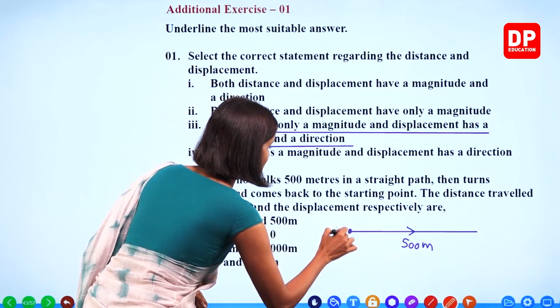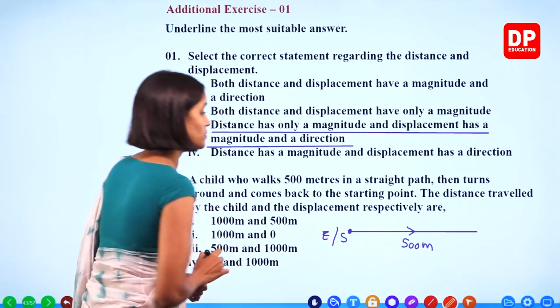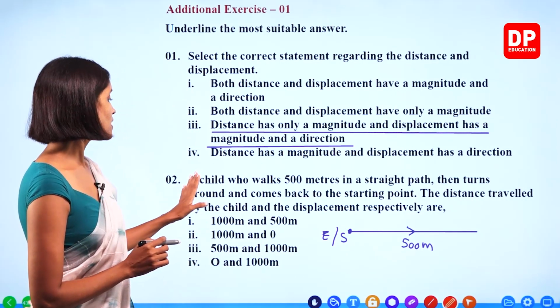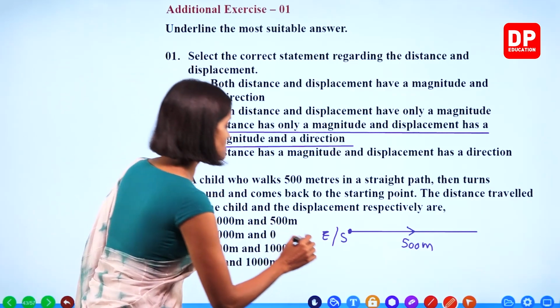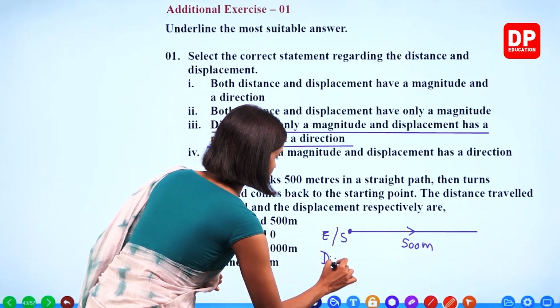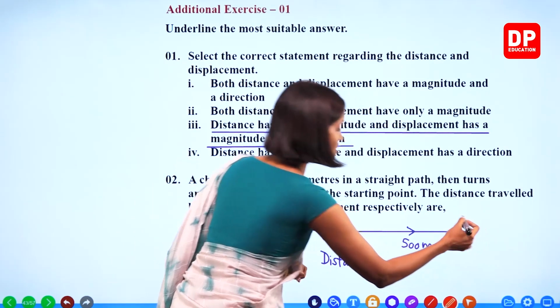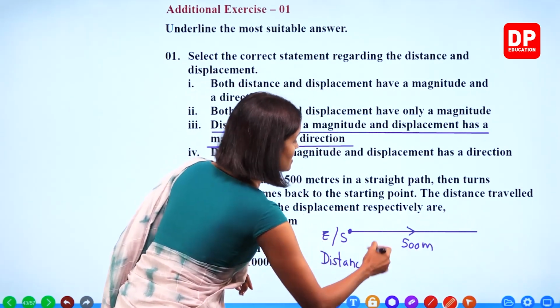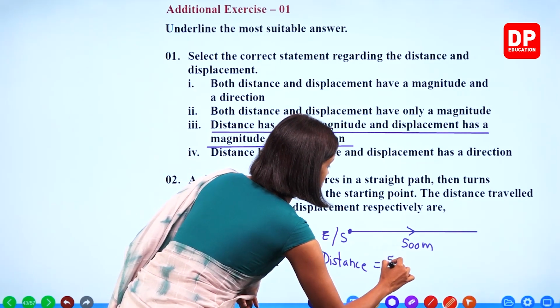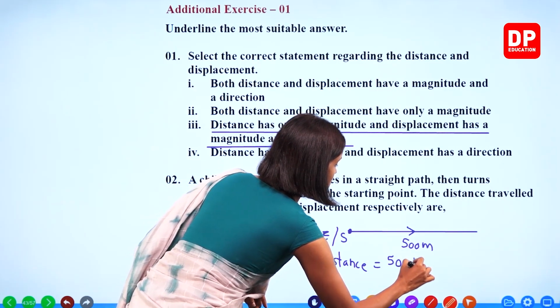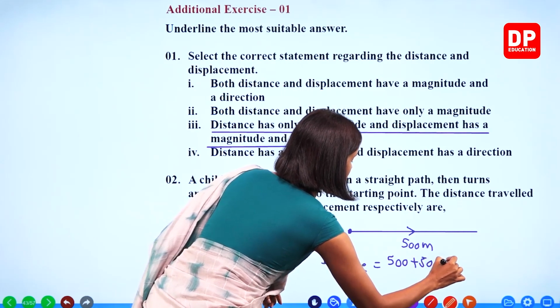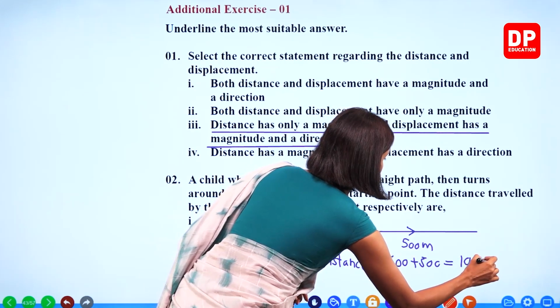So start and the end are both at the same place. What is the distance, children? Distance is in this direction 500 meters. When coming back, another 500 meters. 500 plus 500, what is the value? 1000 meters.